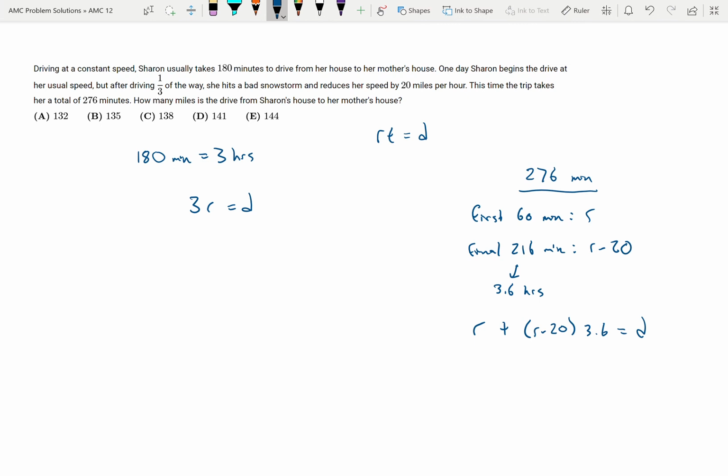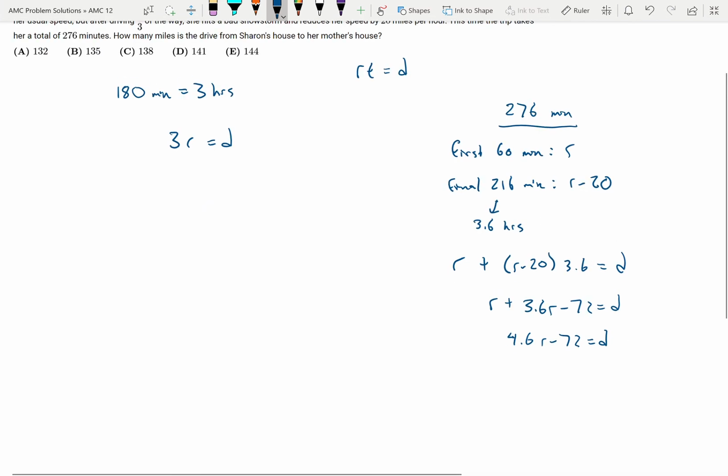So in expanding that a little bit, I get r plus 3.6r minus 72 equals d. So I get 4.6r minus 72 equals d. Now this is convenient because I have two equations that equal d, so I'm going to set them equal to each other so we can solve for r.